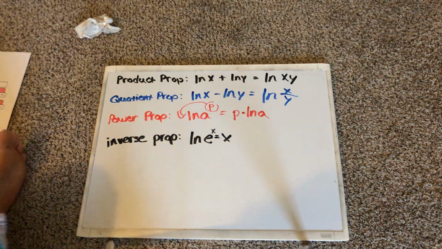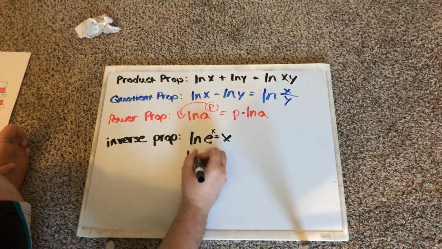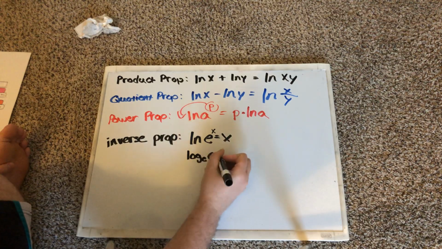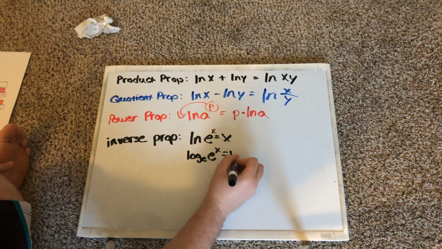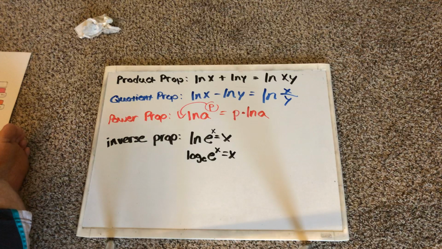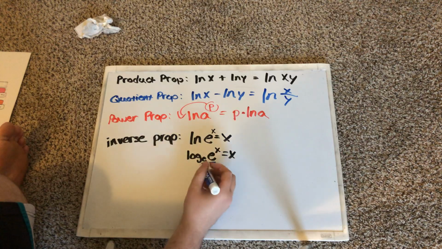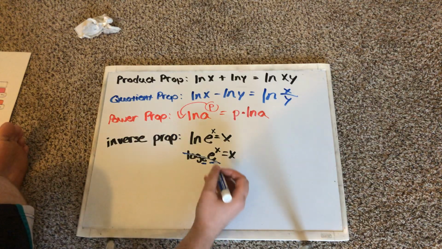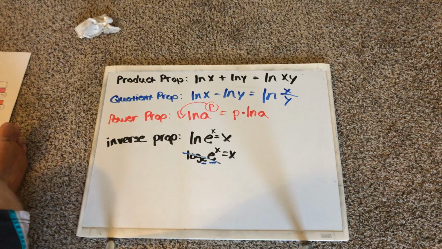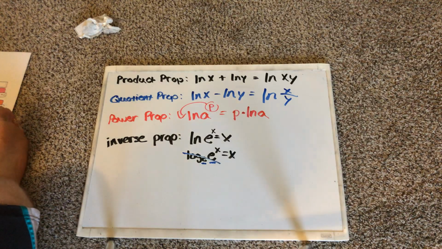The reason for that is because natural log is really just log base e of e raised to x equals x. And if we remember from our regular logs, this e and this e, if these are the same base and the number, those can just cancel out, and we're just left with x.